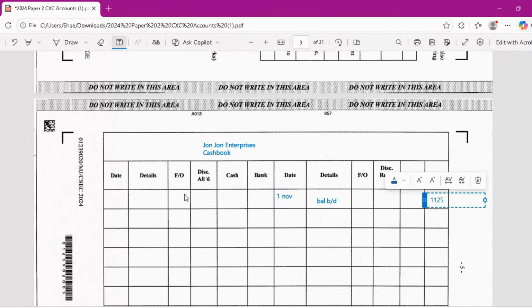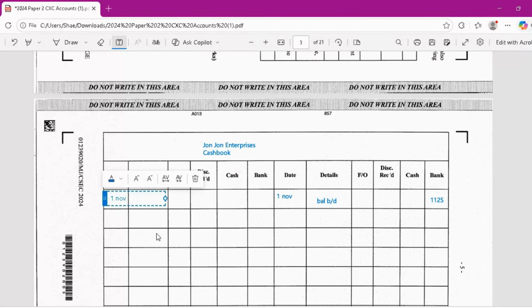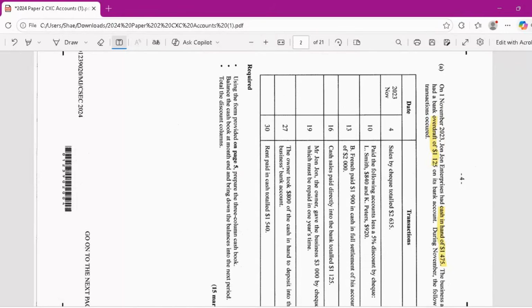And then the cash balance on the 1st of November was 1,475.